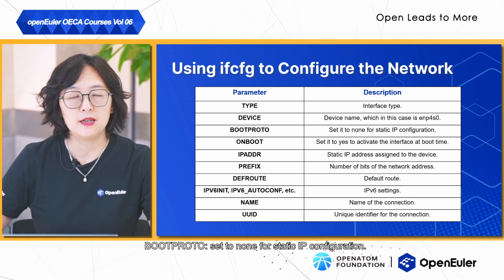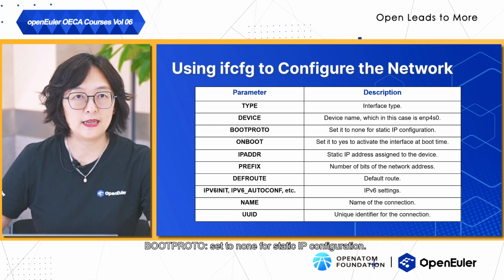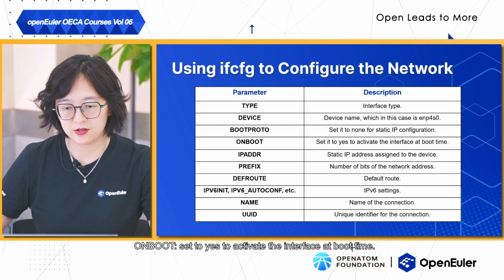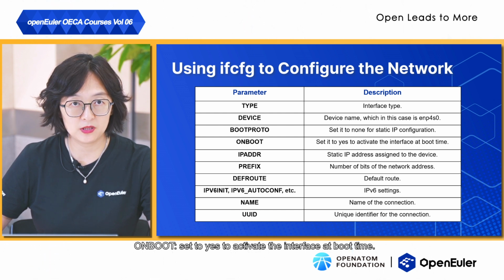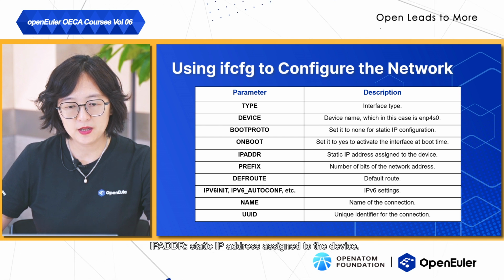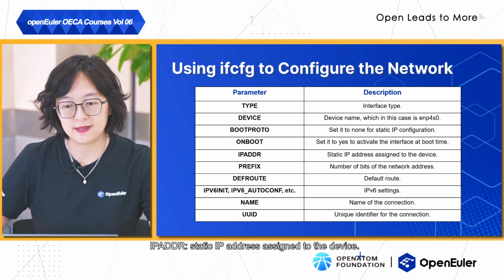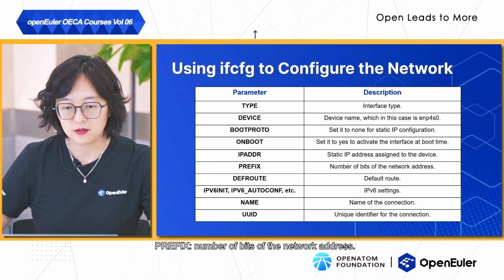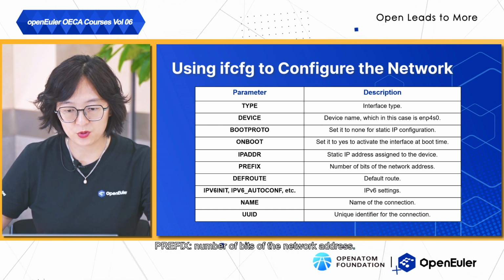BOOTPROTO, set to none or static IP configuration. ONBOOT, set to yes to activate the interface at boot time. IPADDR, the static IP address assigned to the device. PREFIX, the number of bits of the network address.